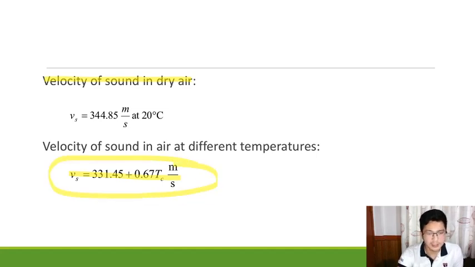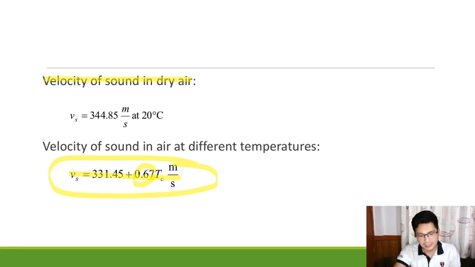Now, however, class, in other books or other sources, pwedeng hindi ito yung makita nyo, kasi depende sa source nyo, nag-iiba-iba to. Kasi hindi naman constant na 0.67 lang talaga yung increase per 1 degree Celsius. This is just an approximation. In reality, hindi ganito ka-linear yung pag-increase ng velocity natin per degree Celsius.